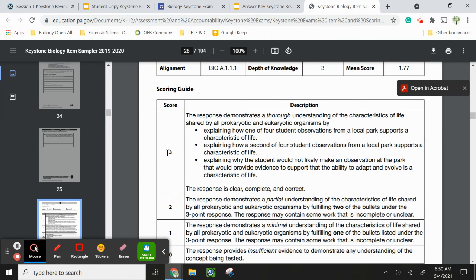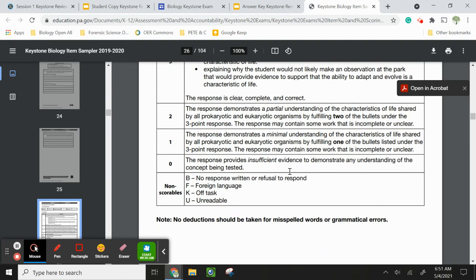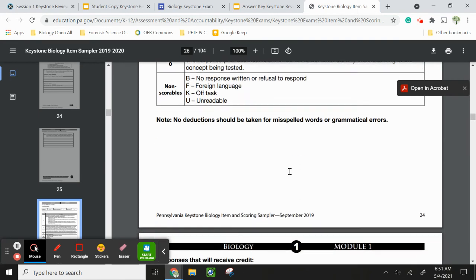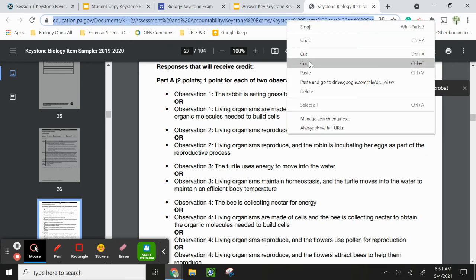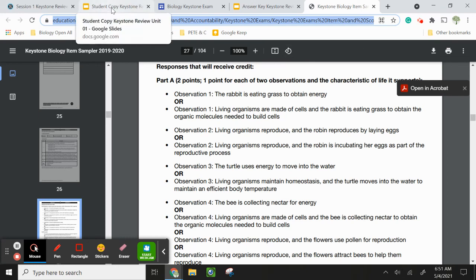You would get 3 out of 3 points if you explained how they supported the characteristic of life. They just took a really simple question and made it super complicated. These are all of the things that you could say. The rabbit is eating the grass to obtain energy. Living organisms are made of cells. The rabbit is eating grass to obtain the organic molecules needed to build cells. And I'm actually going to put this link into the Edpuzzle so you can check your work.